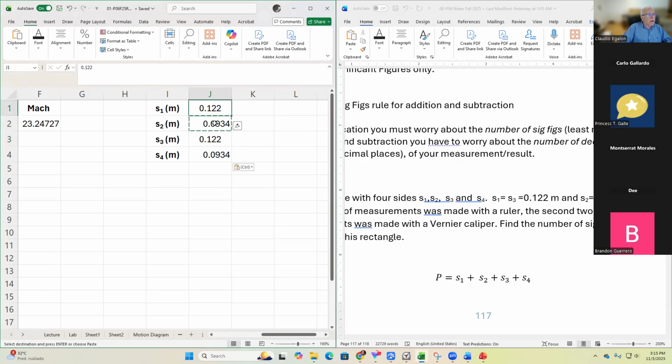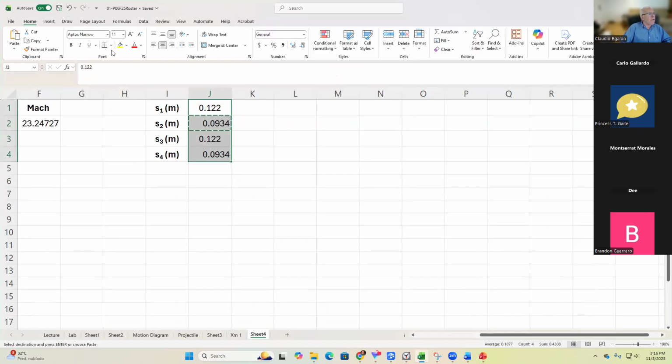Now I'm going to left justify the same so you can visualize those numbers in a better way. Left justify here. Do you see that? That's S1, that's S2, that's S3, that's S4.